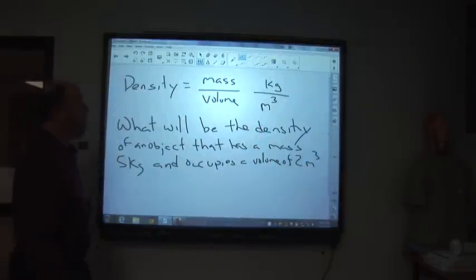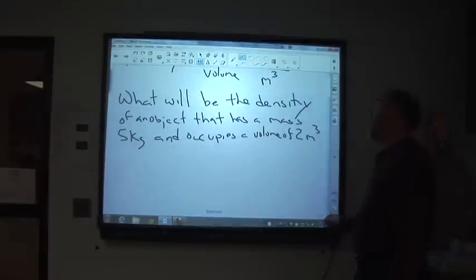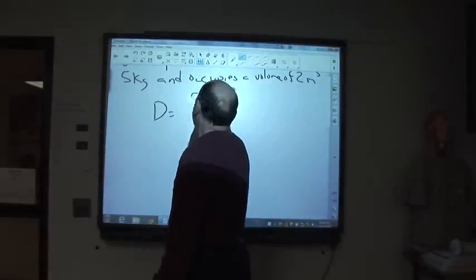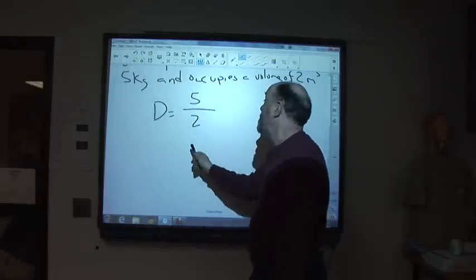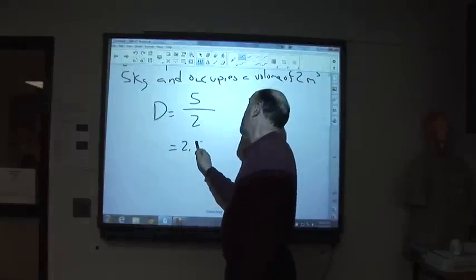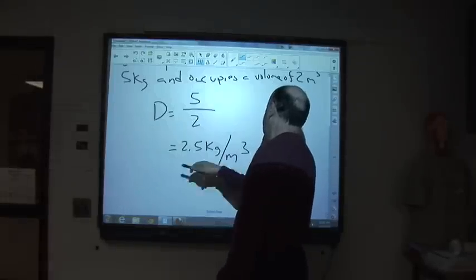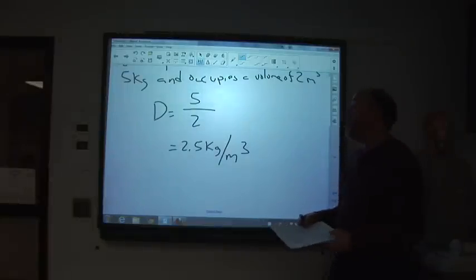Density is just the mass divided by the volume, so 5 kilograms divided by 2 cubic meters, and we end up at 2.5 kilograms per cubic meter. That is the density of my object.